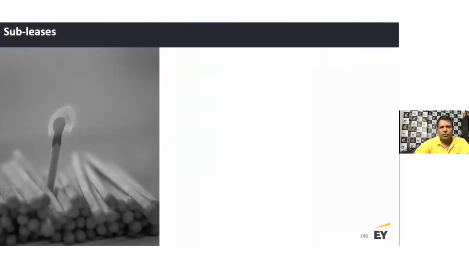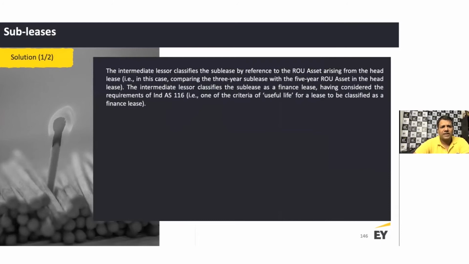So we have to do the evaluation, essentially, as I said, useful life. I had a remaining life I was entitled to of 3 years, and I have leased it for 3 years. That means I've substantially transferred the risk to the lessee, the end user. So essentially that becomes a finance lease. The intermediate lessor classifies the sublease by reference to the ROU asset arising from the head lease.